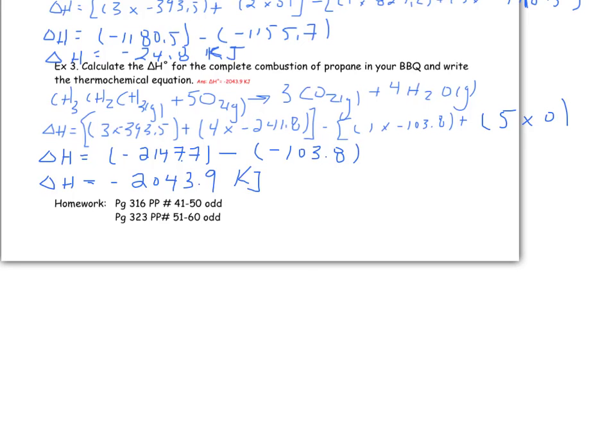That's pretty hot. Because I have a negative delta H value, I'm going to add my energy as a product to my thermochemical equation. I don't have to manipulate this energy value. This is the energy change for my equation as written.